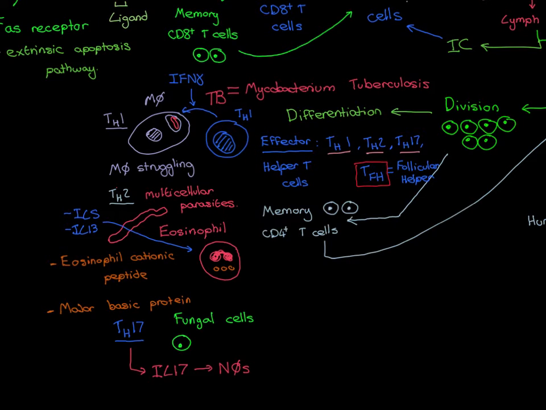They are not struggling to destroy influenza virus particles the way they would be in Mycobacterium tuberculosis. We certainly do not need eosinophils to attack the influenza virus. That would be totally over the top. And we don't need loads and loads of neutrophils either, because we're not dealing with a fungal cell. So we do not need these other 3 types of effector CD4 positive T cells. So we just want this one so that we can get a nice B cell response initiated.